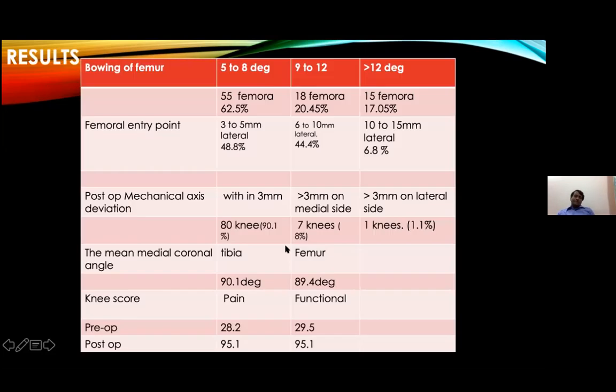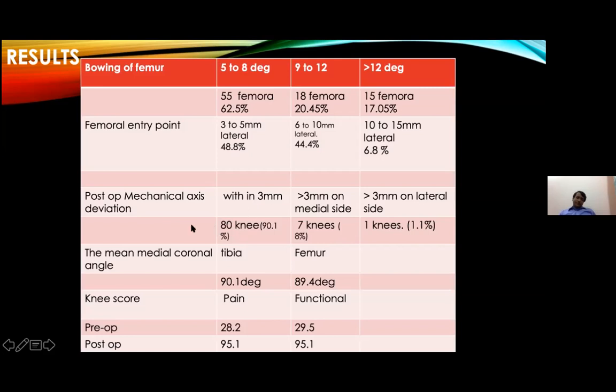It's another example. In our series, 5 to 8 degree bowing is there in 48% of cases, 9 to 12 degree bowing in 44% of cases, and more than 12 degree in 68% of cases. In that, the post-op axis is within 3 millimeter in 48% of cases, more than 3 millimeter on the medial side in 8% of cases, and 1% of cases more than 3 millimeter on the lateral side.